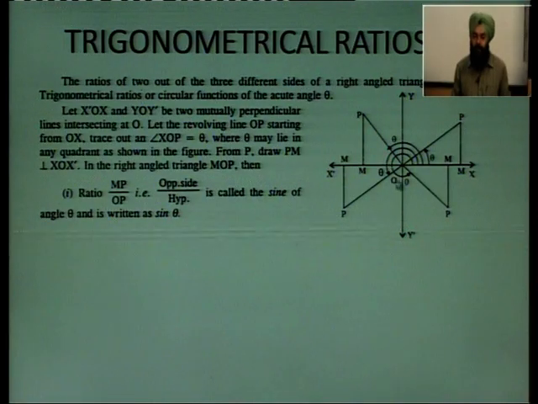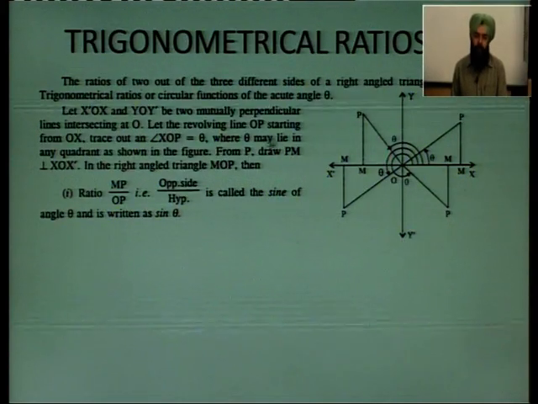In this diagram we have the right angle triangle OMP. For this we can take two axes, X dash OX axis and Y dash OY axis, two mutually perpendicular lines intersecting at O.